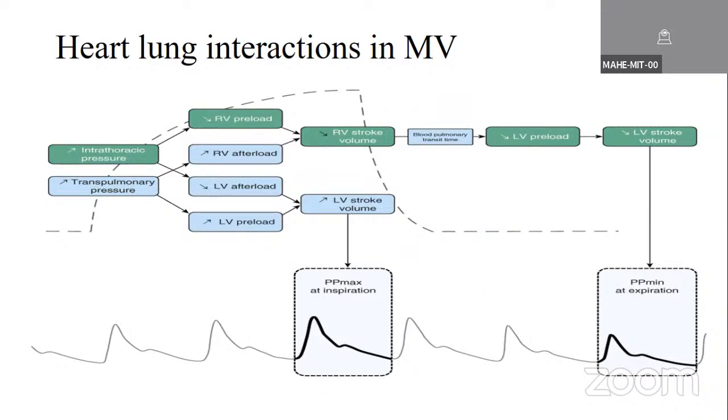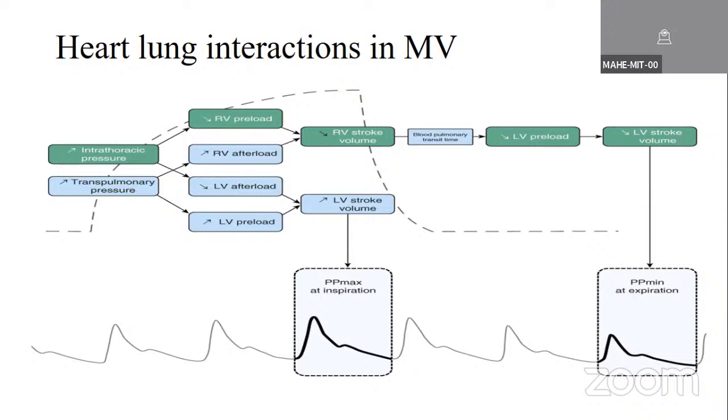These are the cyclical changes in the stroke volume in relation to respiratory changes, that is, respiratory changes due to increased or decreased intrathoracic pressure, and how that influences the stroke volume. That is the heart-lung interaction.